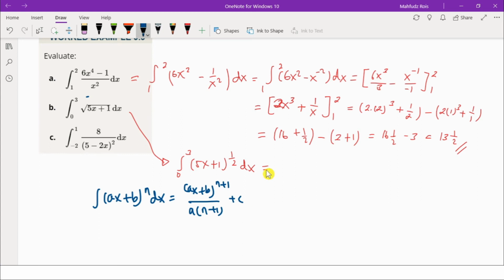If you still remember this, we can easily find it, since this is the form of ax plus b to the n, right? So we can just find the integration by this formula.